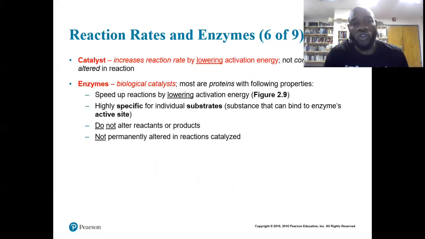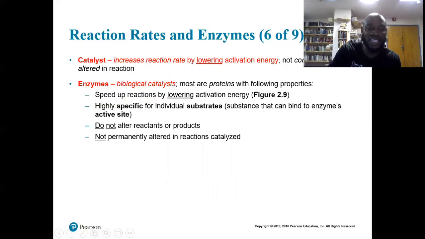And then we have what we call catalysts. A catalyst increases reaction rate by lowering activation energy, but it is not consumed in the reaction. And in our bodies, we have a natural catalyst, which we call the enzyme. And these are all throughout our body.